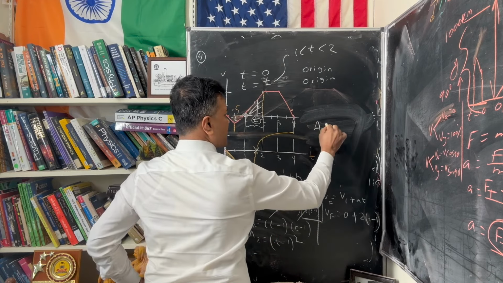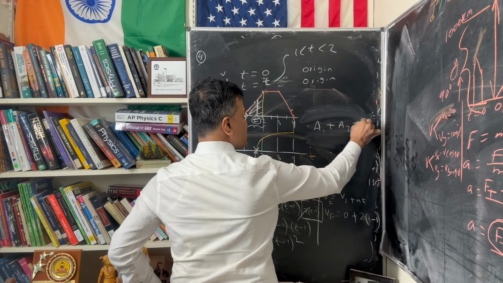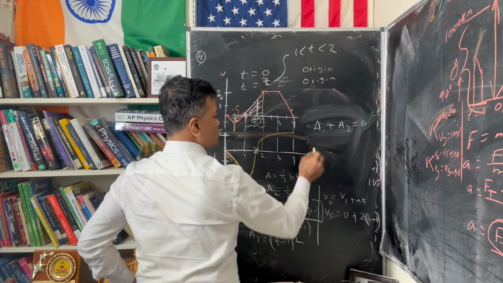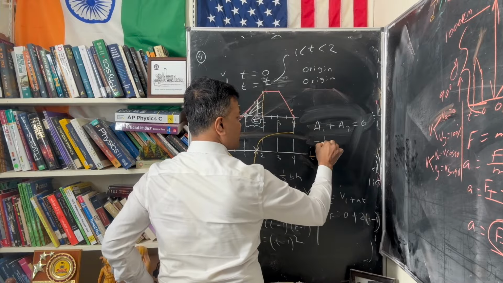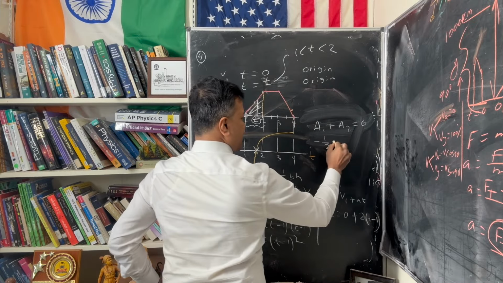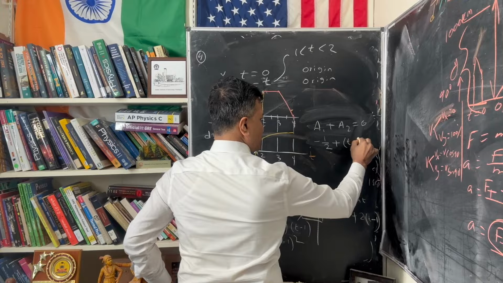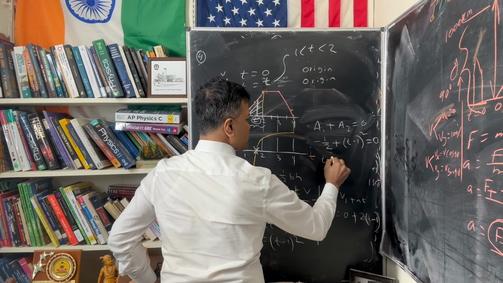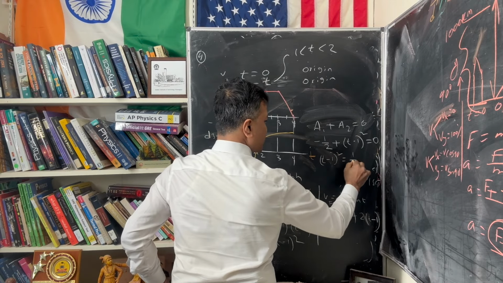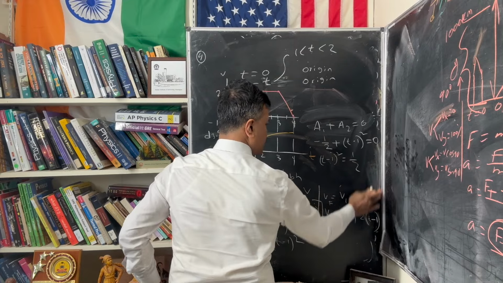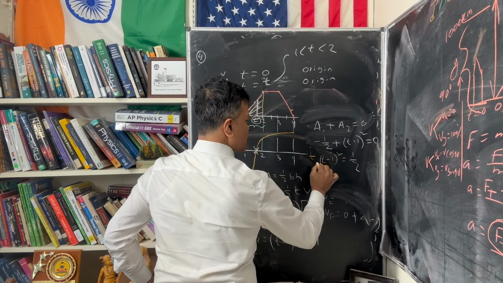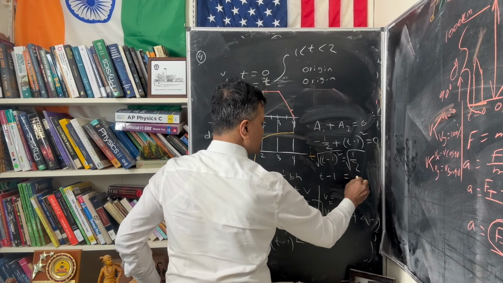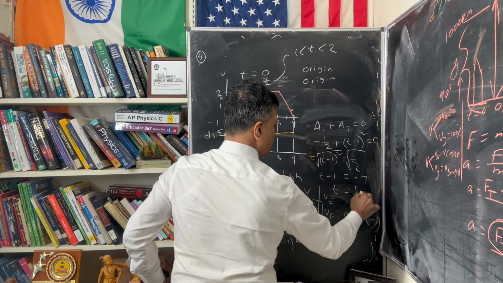Area 1 plus area 2 has to be equal to 0, right? So that the object is back to origin. So area 1 is negative half, area 2 is t minus 1 squared, so t minus 1 squared is equal to half. You're going to square root both sides. So t minus 1 is equal to square root of half, which is 0.7. So t is equal to 1.7.